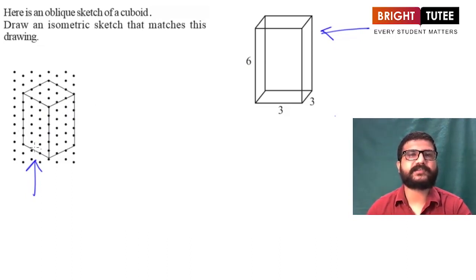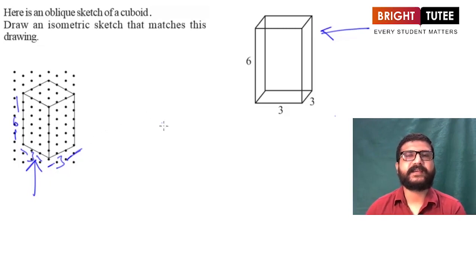Now we can see the dimensions also, we can check whether they are correct or not. So here the height of the cuboid is 6. You can count from here. It is also 6 here. You can count using these dots. This is 6 units, and length of the cuboid, that is this side, it is also 3, and this one is also 3, that is breadth of the cuboid.